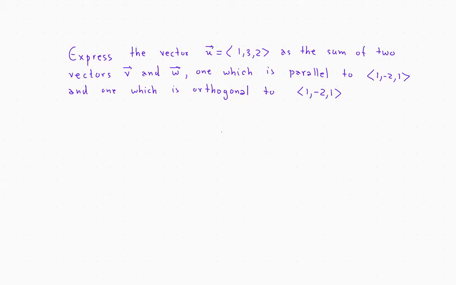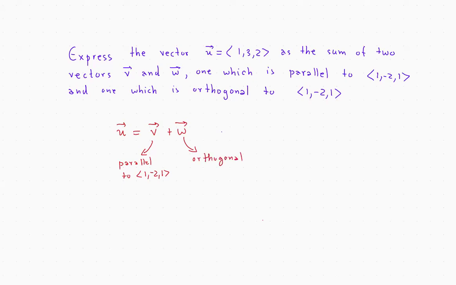So in other words, we want to write u as the sum of two vectors v and w, and one of them we want to be parallel to the vector 1, negative 2, 1, and the other we want to be orthogonal to 1, negative 2, 1.